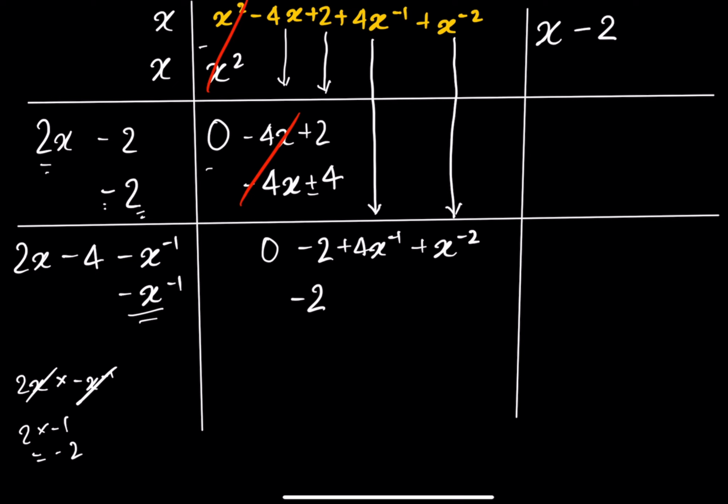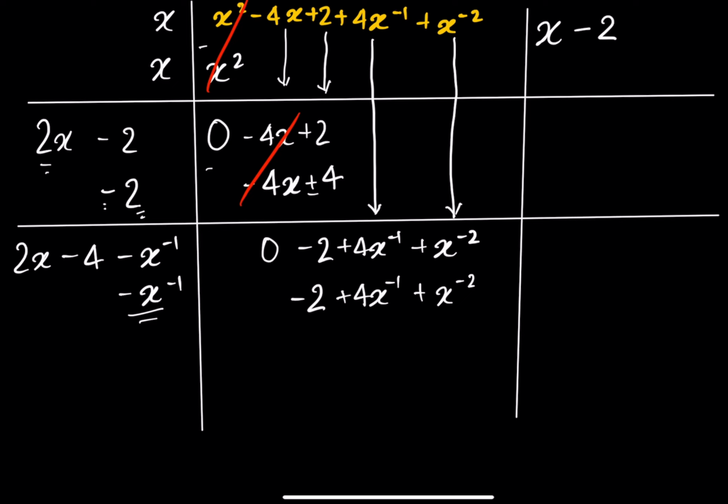Then negative 4 times this number gives us positive 4x raised to the power of negative 1. And lastly, negative x raised to the power of negative 1, squared, gives us positive x raised to the power of negative 2.